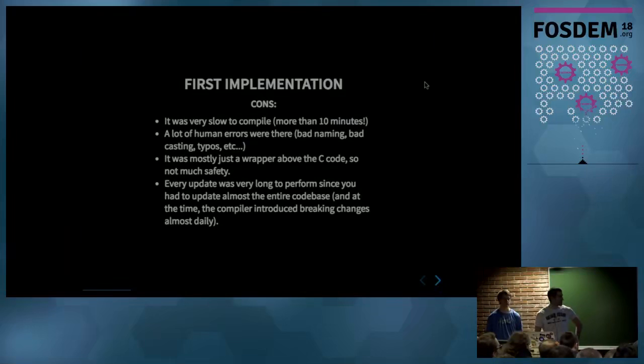Like I said, it was just a wrapper around C code, one-to-one, not much safety. And at the time, the compiler was getting updated and having breaking changes every two or three days, so changing thousands of lines at once was quite long for a library this big.